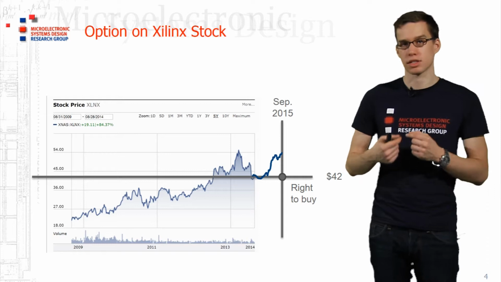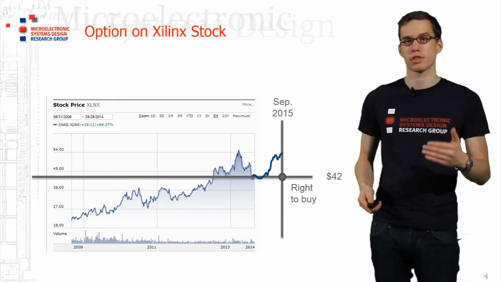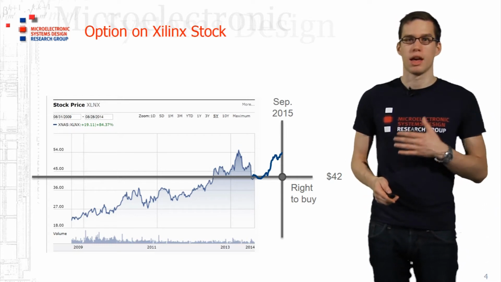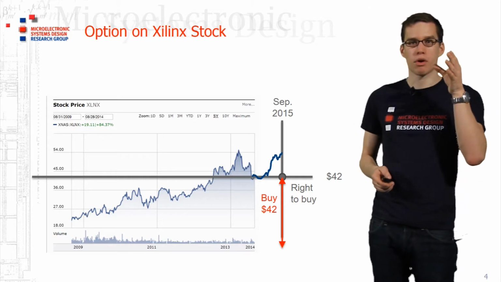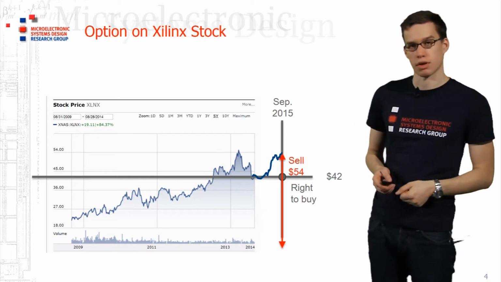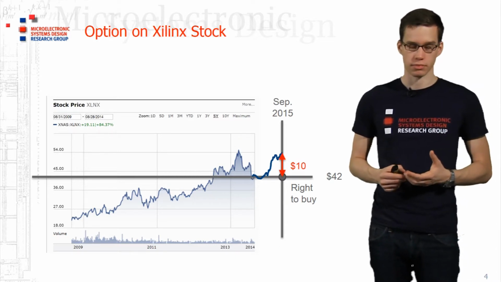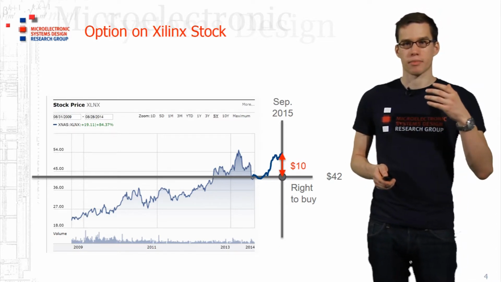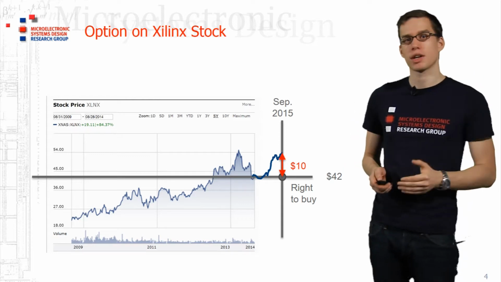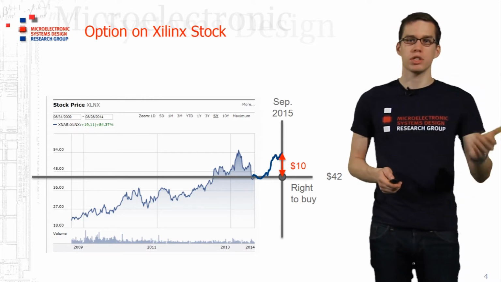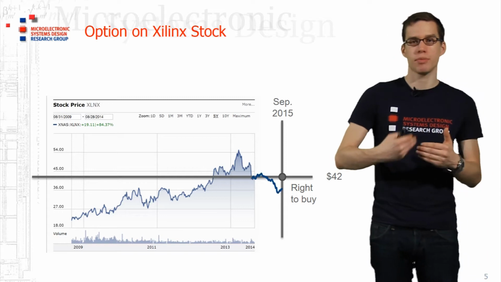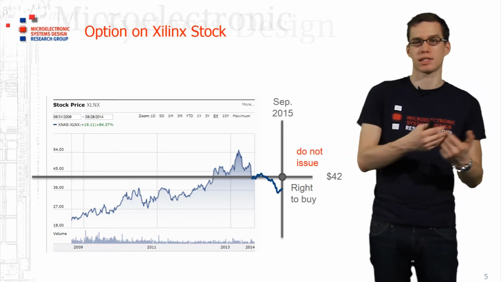We can buy the stock with our option for the cheaper price, $42, and we can sell it for $54. And with that, we made a profit of $10. If the stock price goes down, we do not exercise it because we can buy it cheaper on the market, so we don't have to exercise our option.